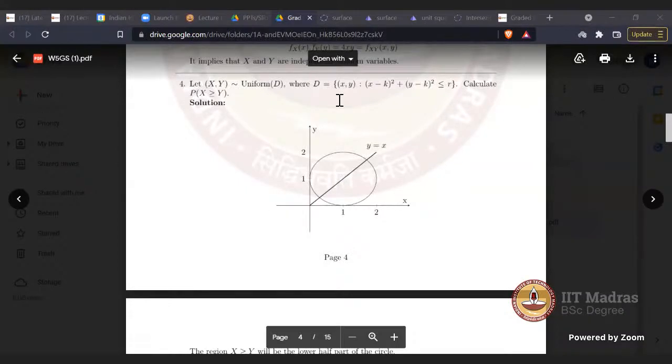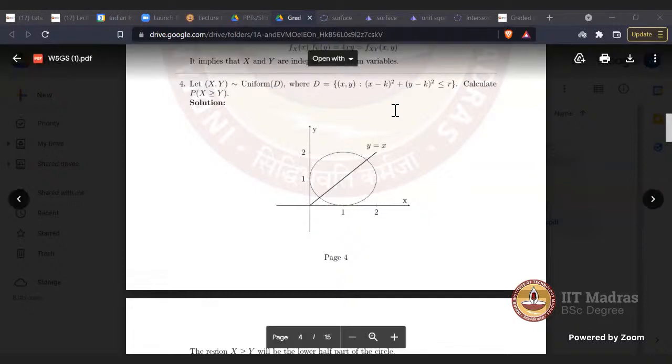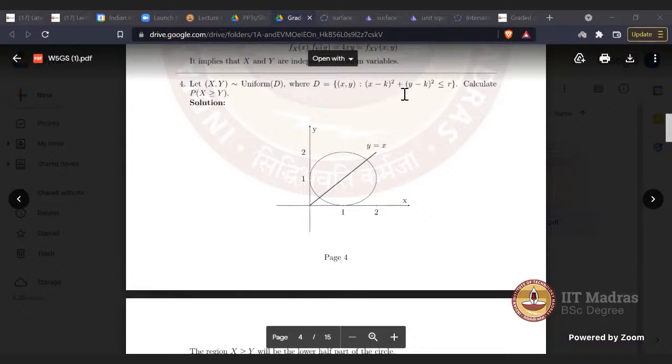Okay, is this the problem you're talking about? It says X, Y is uniform in D. You have two random variables X and Y, and they are uniform in this region D. This region is the circle (x minus k) whole square plus (y minus k) whole square less than or equal to r squared.